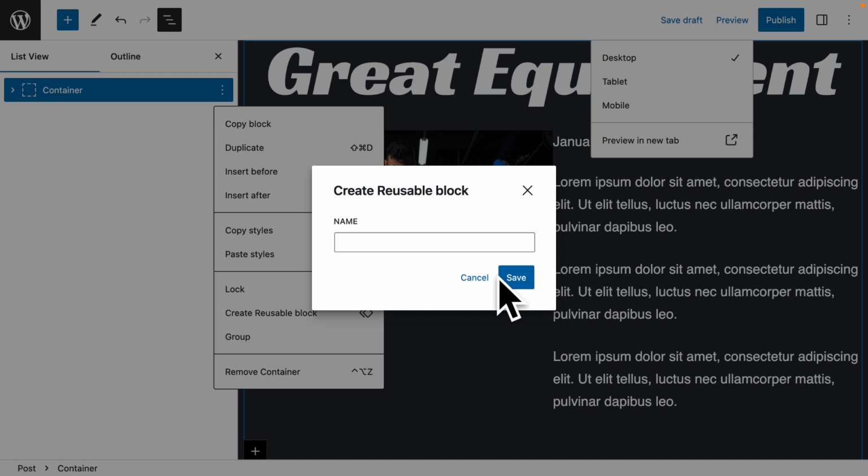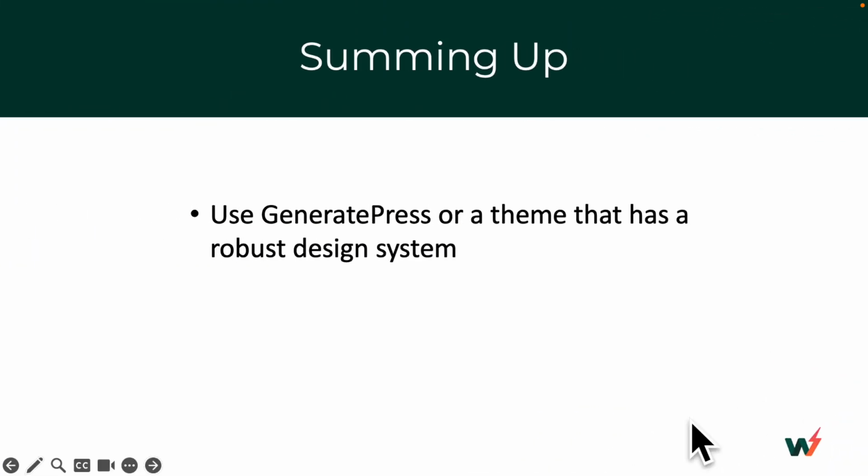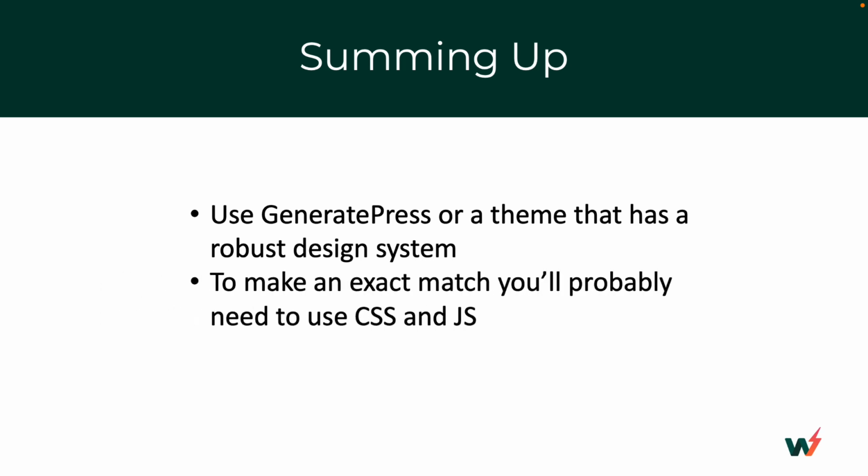Always think about using reusable blocks and templates to speed up your workflow as you convert a website from Elementor to Gutenberg. So in summing up, use the GeneratePress theme, or at least a theme that provides a robust design system. That's a must. Also, if you want to make an exact match from the Elementor site, no doubt you're going to have to use custom CSS and JavaScript.